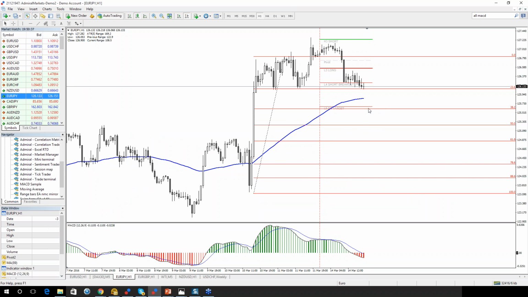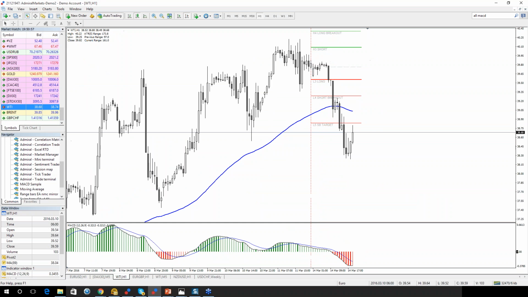Deeper retracement, possibly towards 125.70. And then maybe opt for a buy trade here. But the price needs to retrace. Okay, do I have a minute for VTI? Bearish.